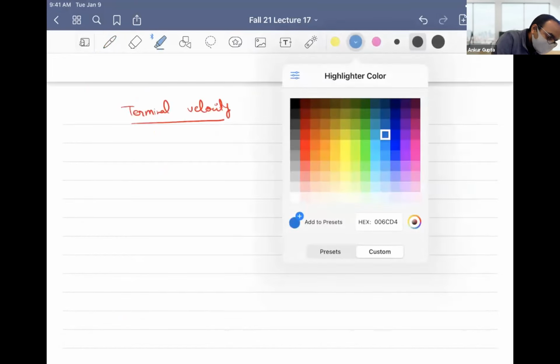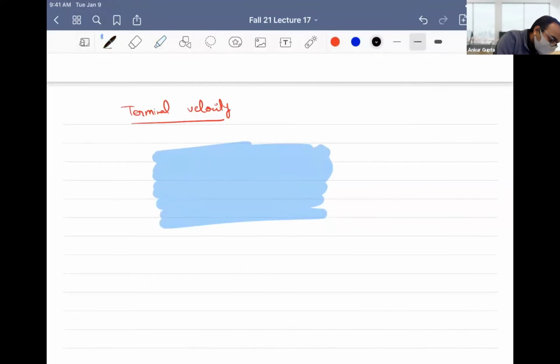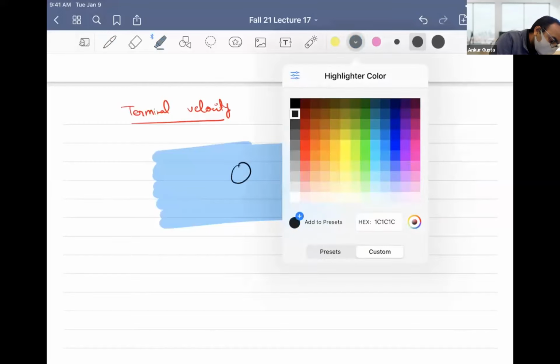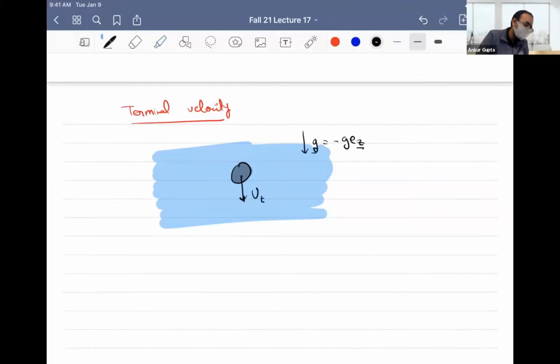If I have some sort of fluid here, and a solid dropping through it due to gravity, it has some terminal velocity U, and gravity is in this direction, equal to minus g e_z.